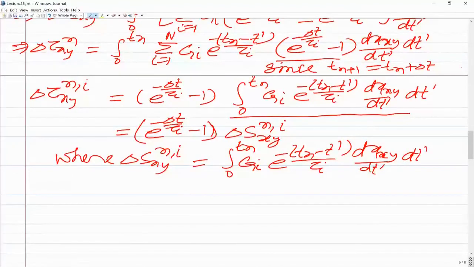Now for this we want to derive the recursive relation. Again we split the integral from 0 to tn minus 1 and tn minus 1 to tn, and we do the similar thing.